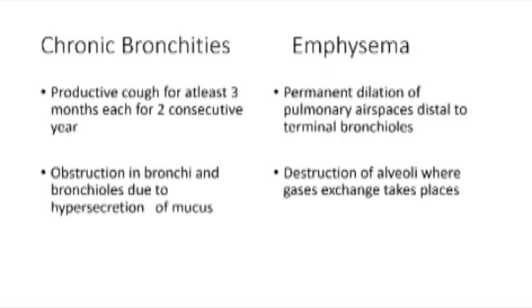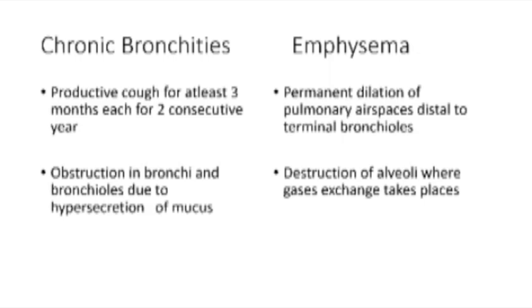Let's see emphysema. Emphysema is permanent dilation of pulmonary air spaces distal to the terminal bronchioles. In simple words, the surface area of the bronchioles is permanently dilated in emphysema.